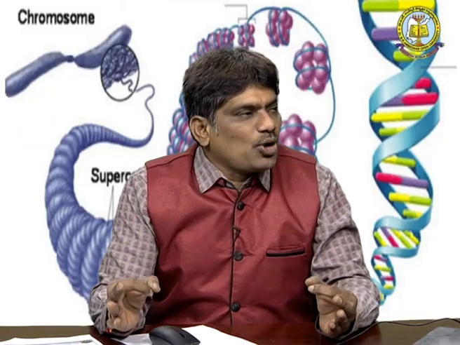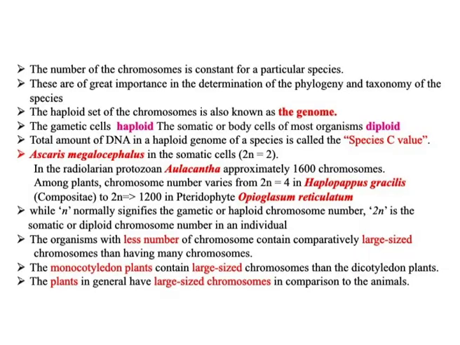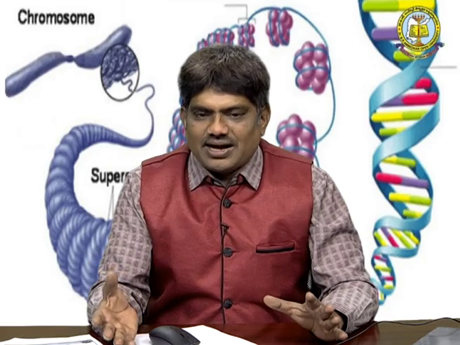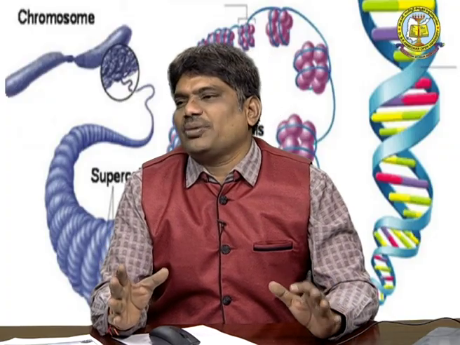It is in Haplopappus reticulatum. Haplopappus reticulatum has 1216 chromosomes, that means 13 number of chromosomes are present. This is the highest number of chromosomes present in a plant, and the lowest number of chromosomes present in a plant. These two are very, very important for competitive exams.